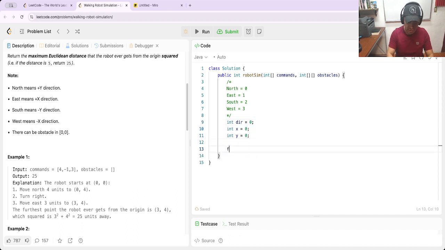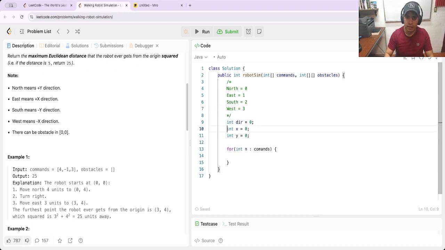And start with the for integer commands, and have the hash set with the obstacles. In this case, here, hash set with the strings, and set it's equal new hash set.